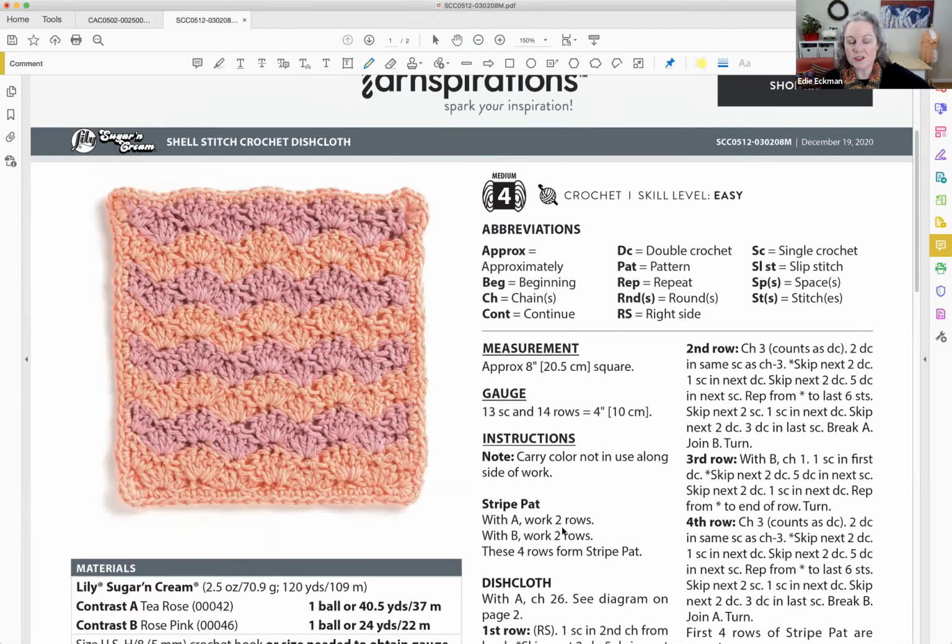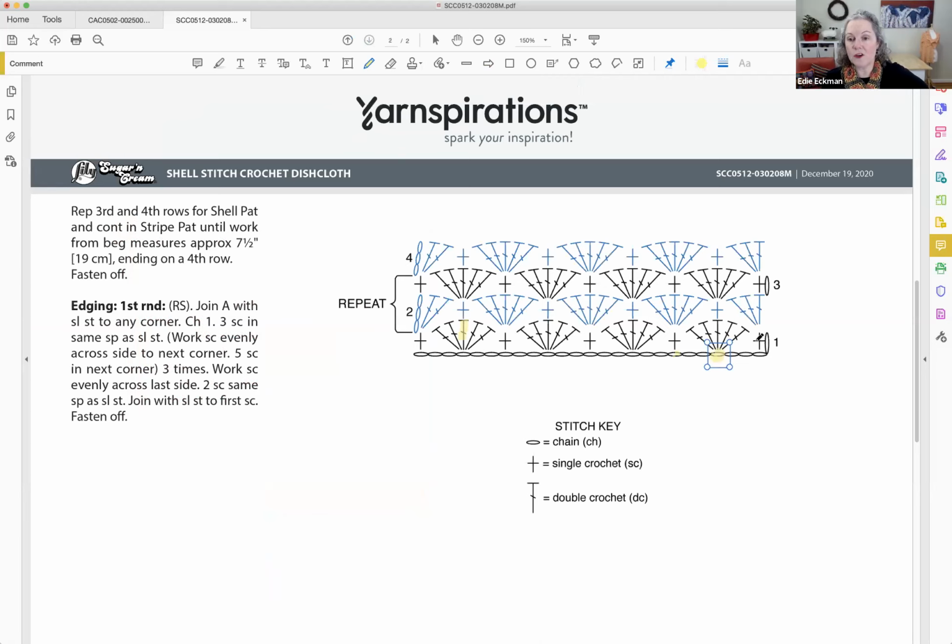And it tells me that the stripe pattern is 2 rows A, 2 rows B. All right, so I have to take that information with me when I come over and look at this chart. And so this chart has nothing to do with the colors. You're going to work rows 1 and 2. That's going to be one color. And then you're going to change colors and work rows 3 and 4.